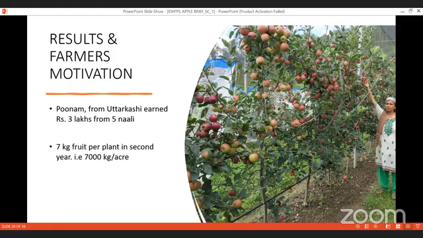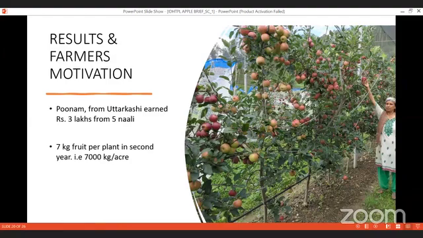And the broker who took the orchard sold it for 3,50,000 rupees. This is from only 5 nalis, and every plant gave almost 7 to 10 kg of fruit. Earlier she was not earning even 5,000 rupees from that piece of land.